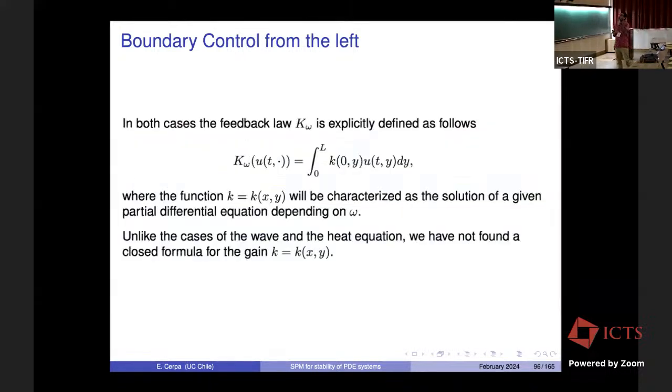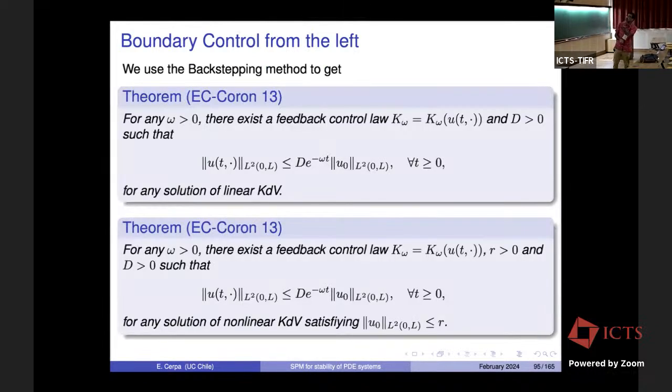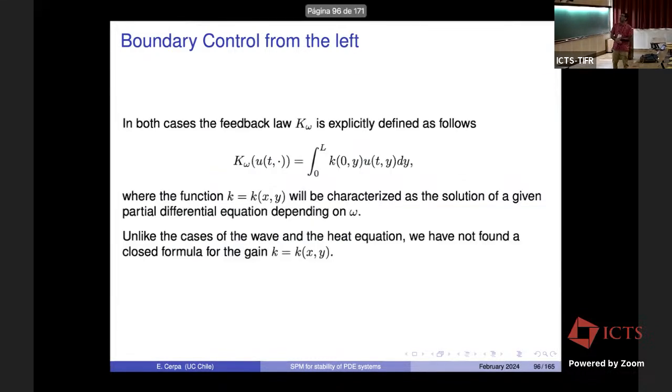So in both cases we found the same control. In fact, we use the linear control in the nonlinear case, okay? And the control is given by the backstepping method, so it looks like that.